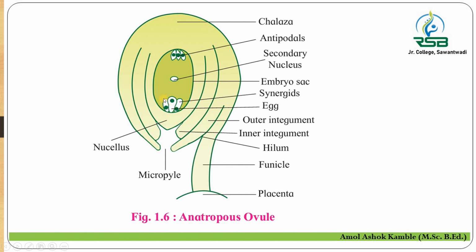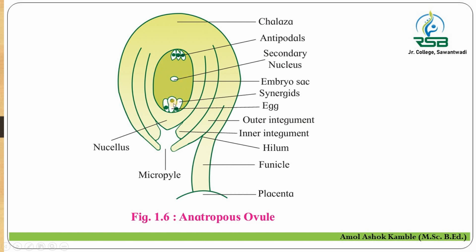So these are the egg cell or egg apparatus with synergids. Then towards the chalazal end, there are 3 antipodals, and at the center there are 2 haploid polar nuclei. Therefore, the female gametophyte or embryo sac is called monosporic, endosporic, and a 7-celled 8-nucleated structure, and the type of embryo sac is called the polygonum type.